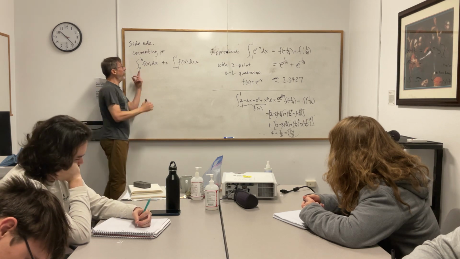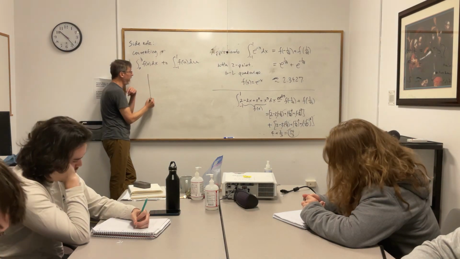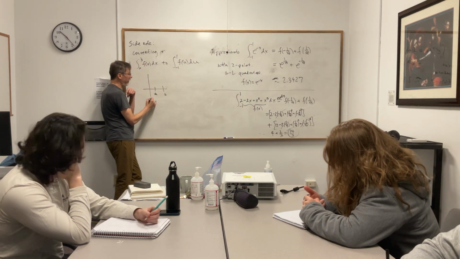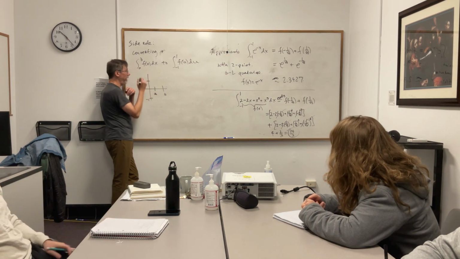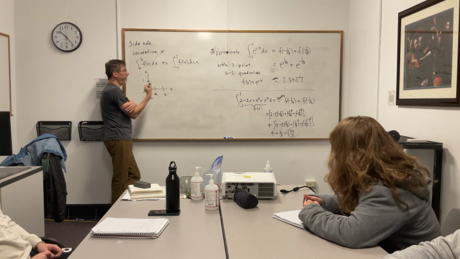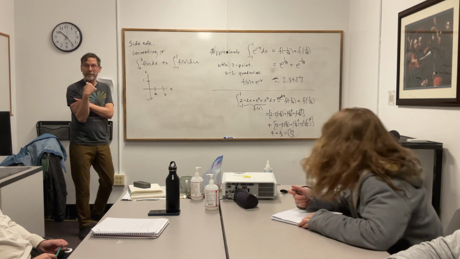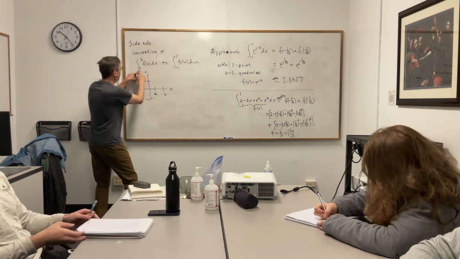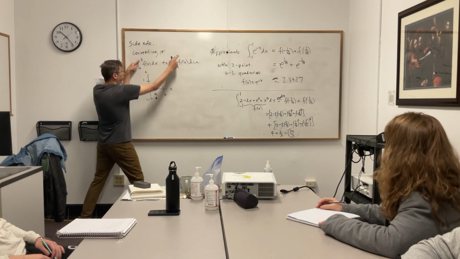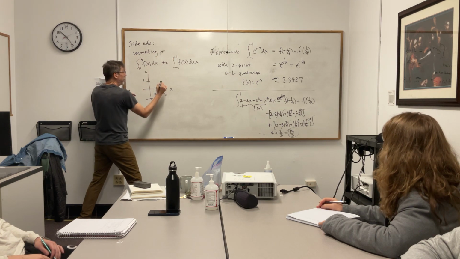So in other words, I want a formula that takes the interval a to b and turns it into the interval minus 1 to 1. This is going to be my u-axis, this is going to be my x-axis. So what I want is a to turn into minus 1, and I want b to turn into positive 1.